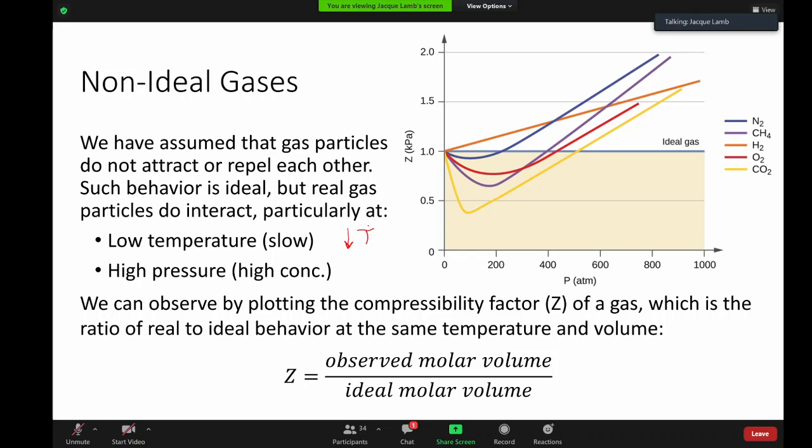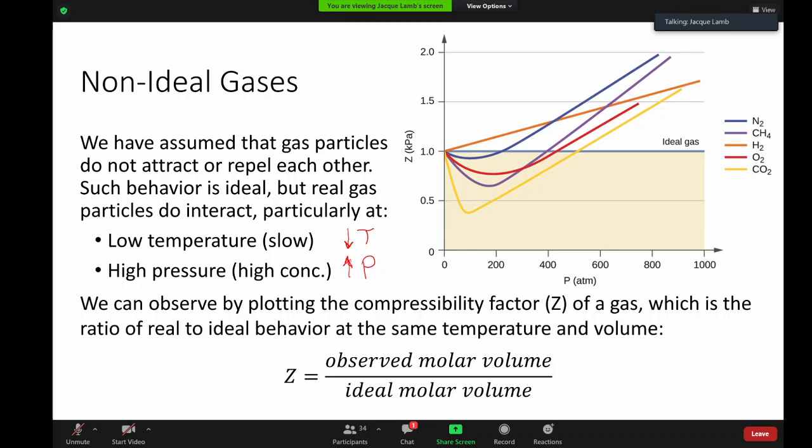And so they will have more of an interaction at low temperatures when they're moving slowly. The other time that they will behave non-ideally is at high pressure, where there are many more gas particles present. If there's more chance of interaction with another particle at high pressure, they are less likely to behave ideally.